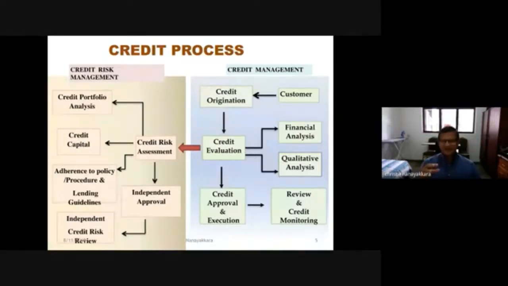Now, say your facility pertains to a client who wants to build a new tourist hotel. Immediately when this paper goes to your credit assessment department or the credit risk management unit, they will apply the amount of money you are going to give into a portfolio. A portfolio is a categorized industry sector.